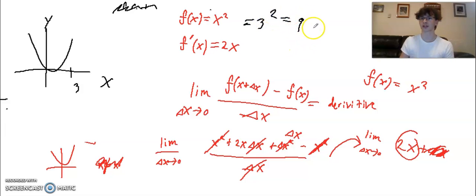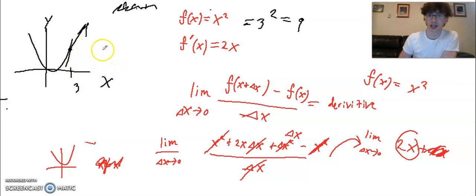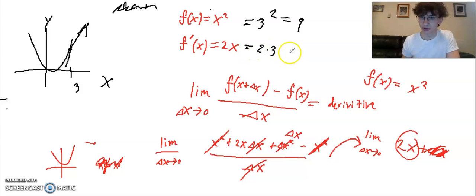So f of 3 equals 9. But what is the slope at that point? What is the instantaneous slope when x equals 3? Well, that's just the tangent line at this point, and the tangent line turns out to always be 2 times x. So we can do 2 times 3 equals 6.